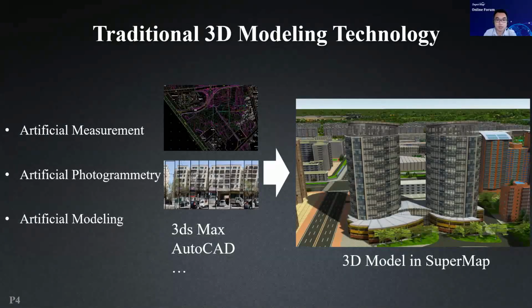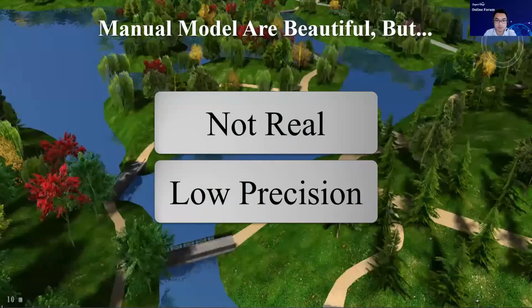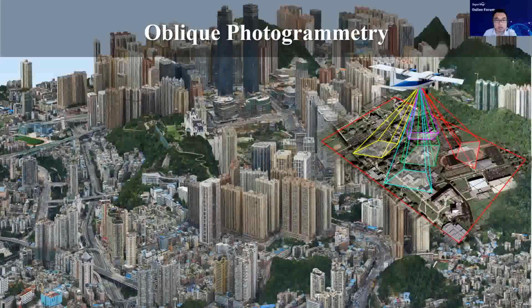But this way has some disadvantages: it's not real, the precision is lower, and it also has a higher cost. So we provide optical photogrammetry to solve these problems.